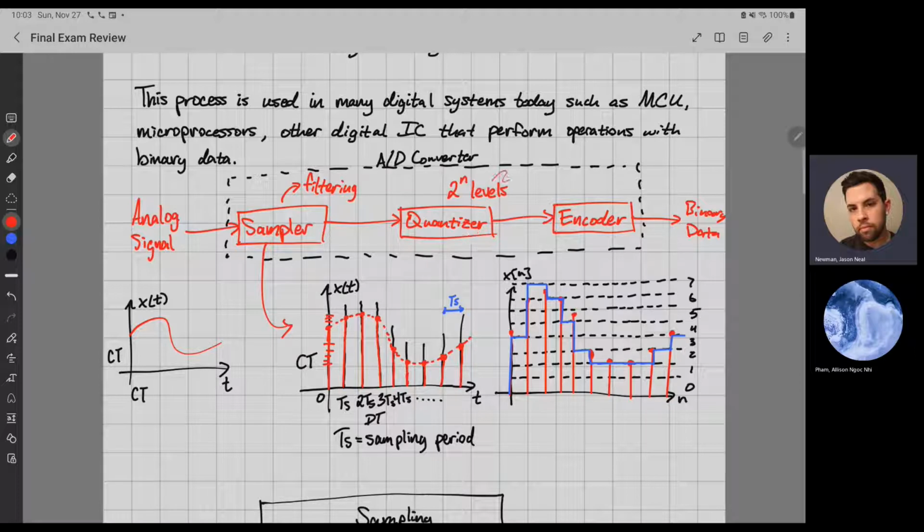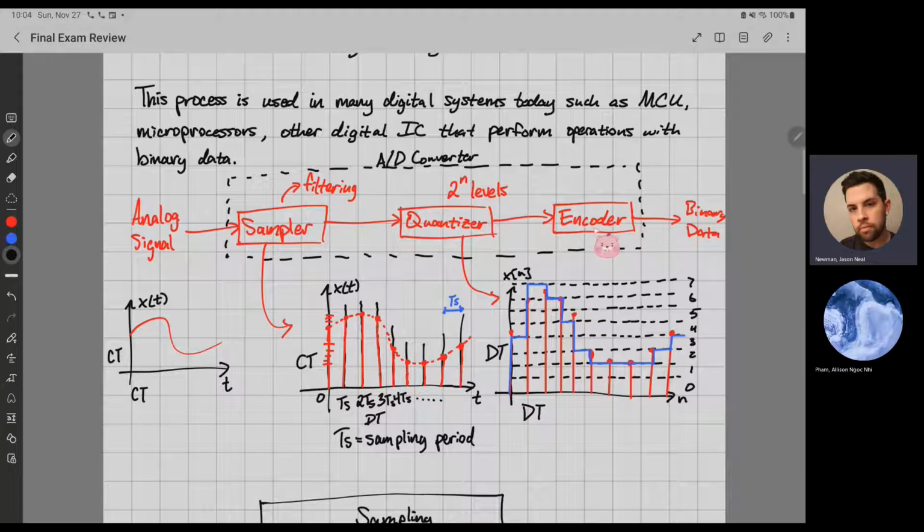And that's set based on the number of bits you want your analog to digital converter to be. So your quantizer then produces this output. And this is going to be discrete time in the y-axis and discrete time in the x-axis. So it's a fully discrete signal this time. They're just numbers now, not analog values.